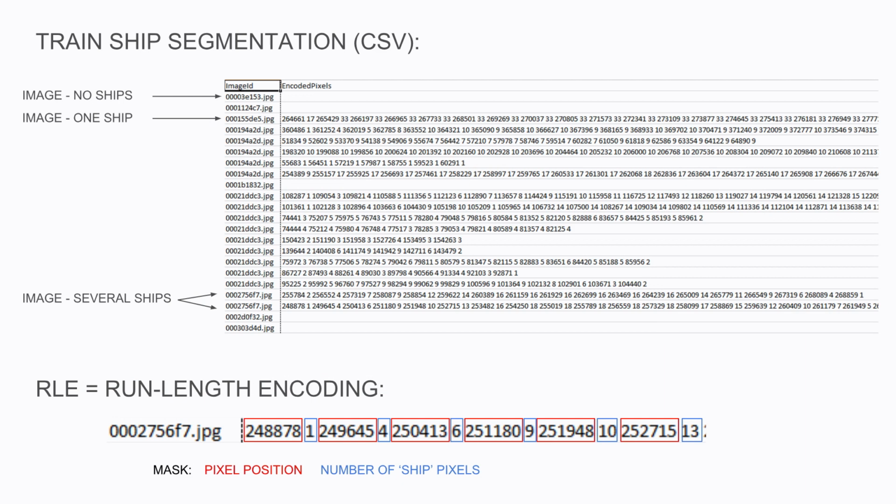As you can see, there were basically three options: if the image had no value for encoded pixels, that meant there were no ships at all on the image. If for one image ID there was just one line, it meant there was just one ship, and then there were images which had more lines, and that meant there were more ships.